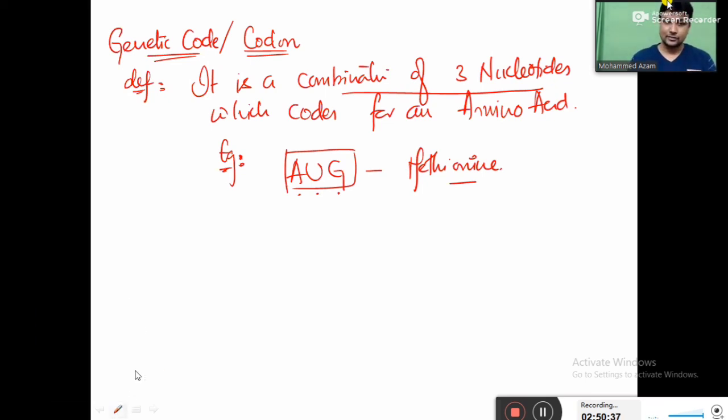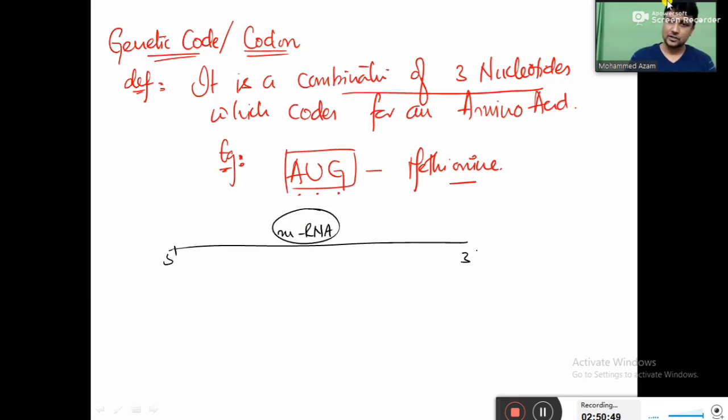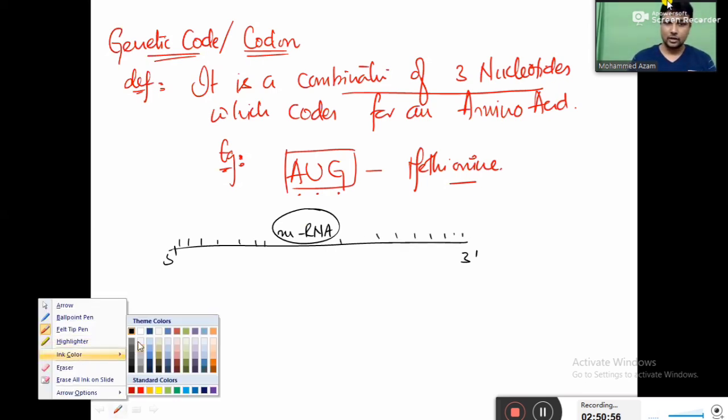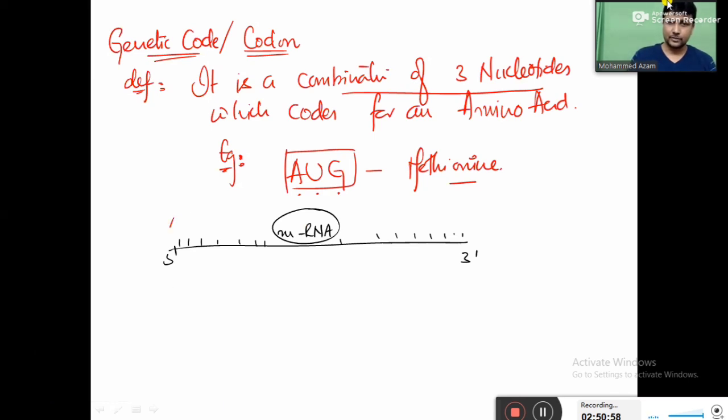And now, my dear friends, for example, if this is the RNA, if this one is your mRNA, messenger RNA, from 5' to 3', remember on this we'll be having many codons, and the very first codon will always be AUG. So this AUG is also known as the initiation codon, or the start codon.